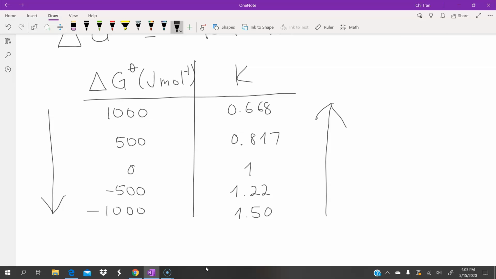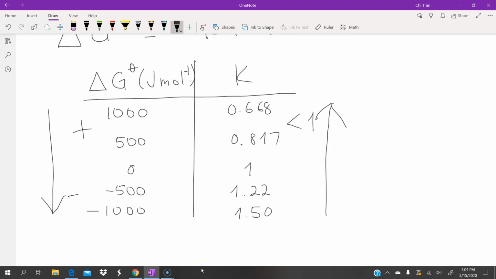So if it's above 0, when it is positive, our equilibrium constant is less than 1, which means there are more reactants than there are products. And that means at that point, the reaction favors the reverse reaction.